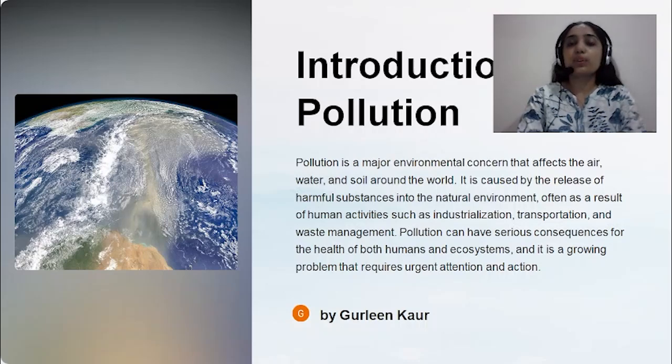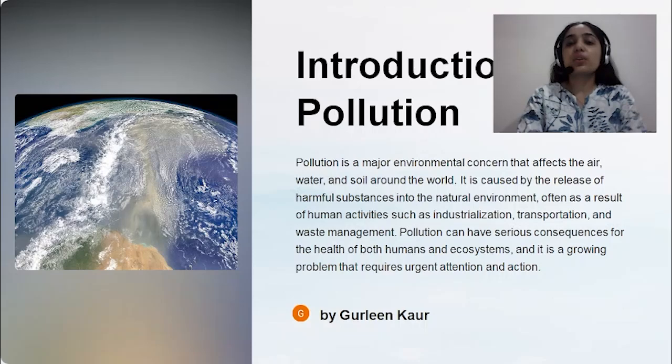What is pollution? So, pollution, as we already know, is a major environmental concern that affects the air, water, and soil around the world, which means what is polluting our atmosphere is pollution. It is caused by the release of harmful substances into the natural environment.